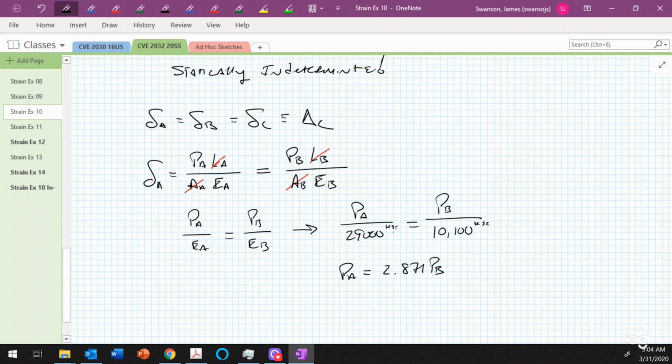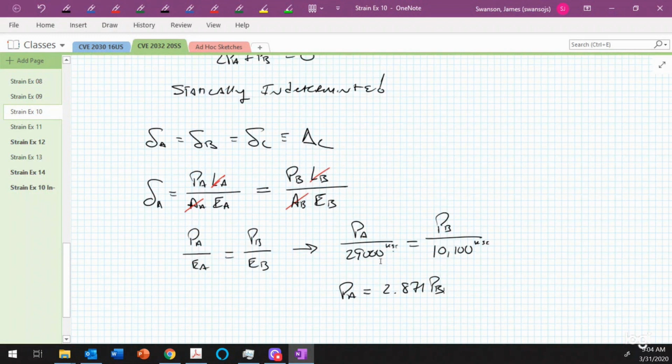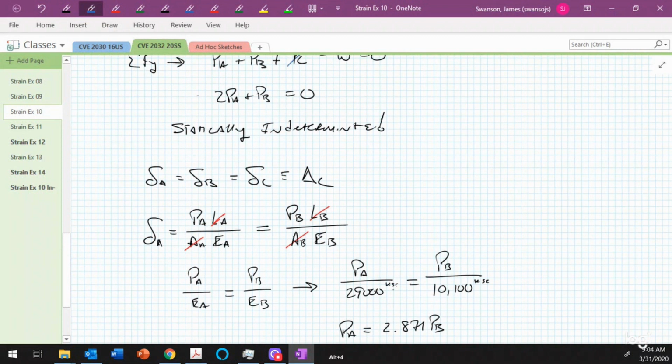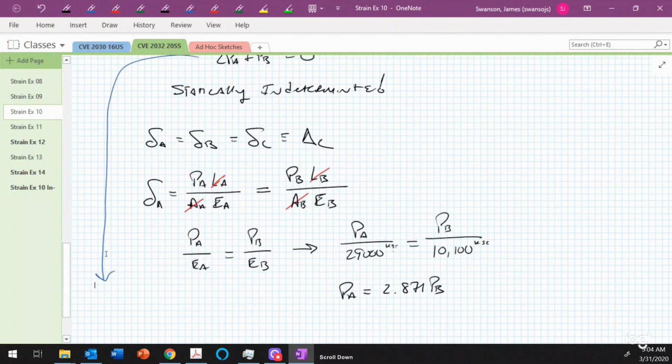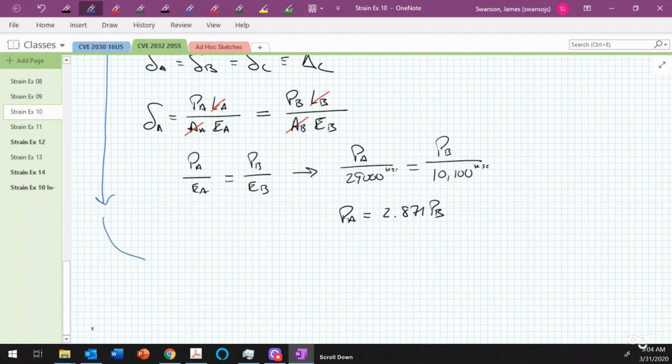All right, and then I can back substitute now. If I go back up here, I can bring this equation down to here.